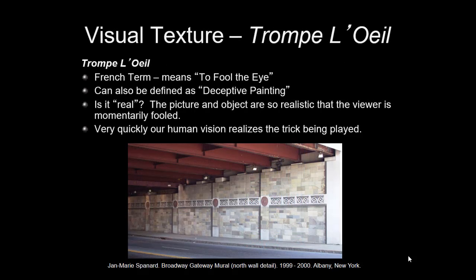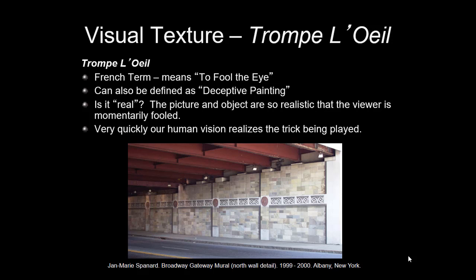There's a type of texture called a trompe-l'oeil. Trompe-l'oeil in French means to fool the eye. It is also defined as a type of deceptive painting. And if you look at the example here, Jean-Marie Spannard, Broadway Gateway mural, 1999 to 2000, Albany, New York. So imagine that we are under this bridge or under this garage space, and you see this wall.